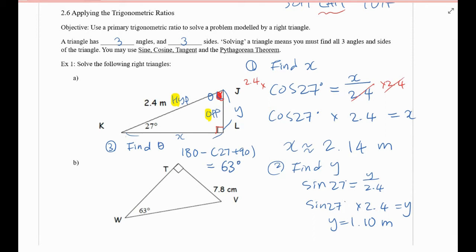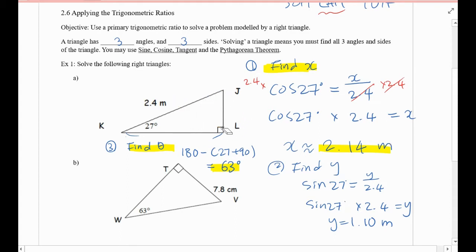So we found x and y and theta. We found 63, and x is 2.4, and y is 1.10. So x, y, theta, we found them all. This is how to solve a triangle.